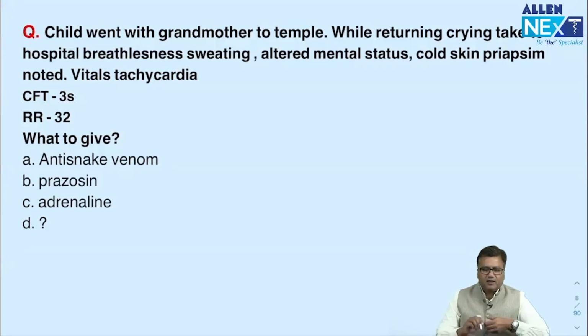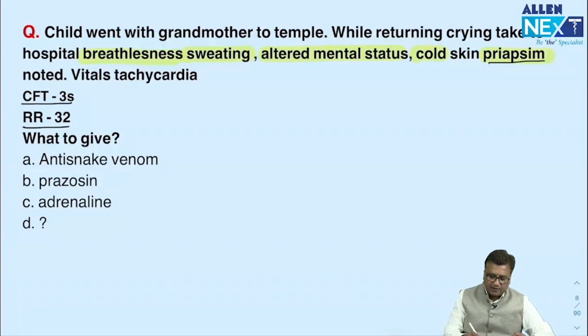He is taken to a hospital where breathlessness is noted, sweating is noted. Some people say altered mental status or altered sensorium was also given. The skin is cold, and then priapism, a very important indicator, was given in the question. Priapism was noted, and his capillary filling time was increased, and his respiratory rate was also increased.